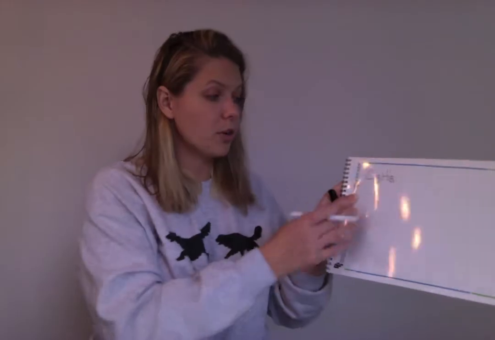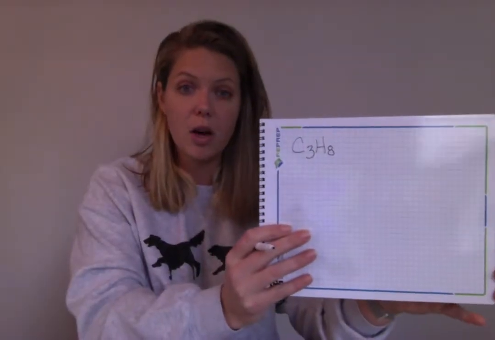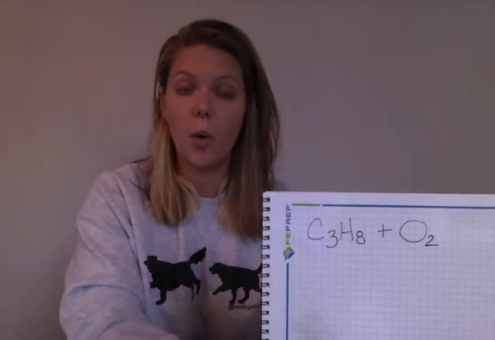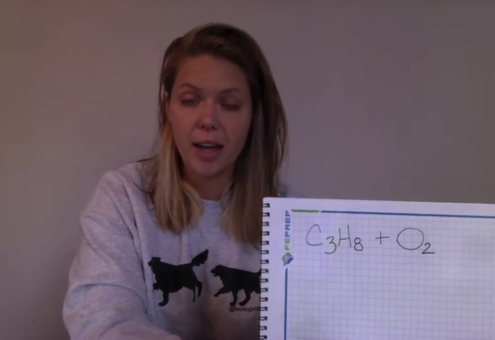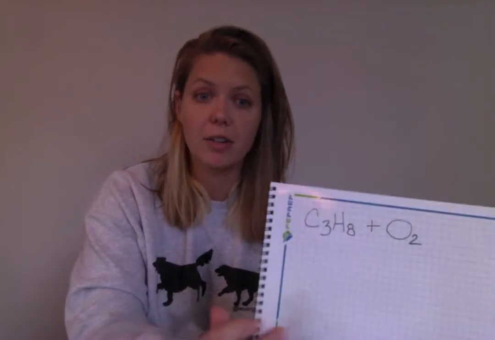If it's going to do anything with oxygen, we add that plus sign, and then we write O2 for oxygen. Now, why am I having 2 oxygen atoms and not just 1? That's because oxygen is a diatomic molecule. And I'll write that here. Diatomic molecule.